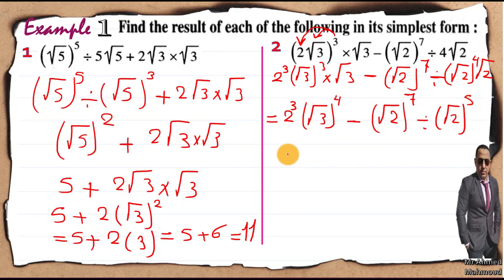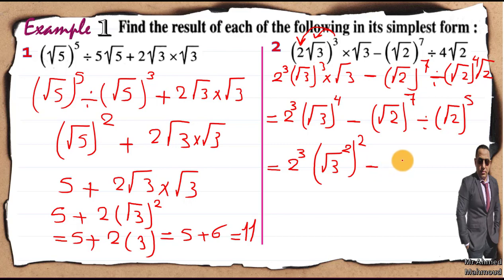Okay, now it's equal to 2 power of 3, root 3 to the power of 4. 4 equals 2 times 2, so it is root 3 power of 2 all power of 2.